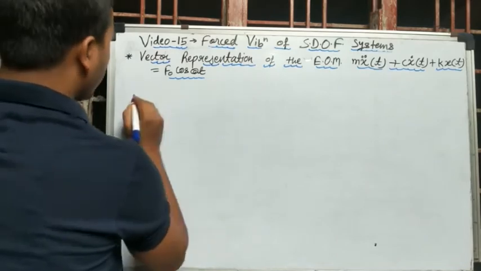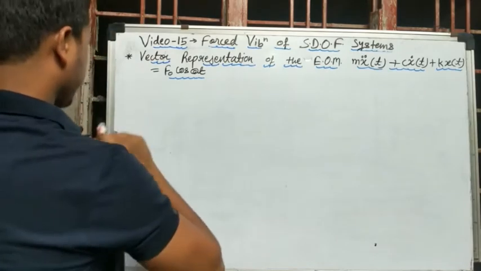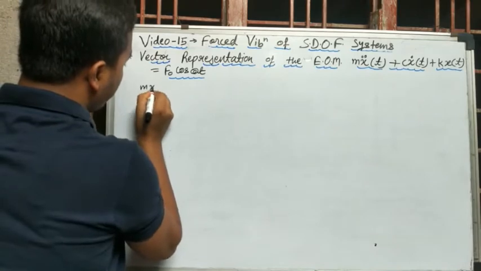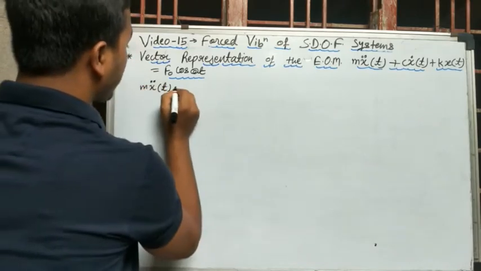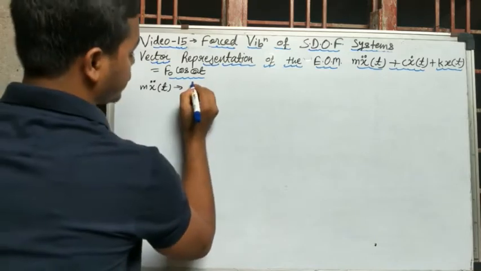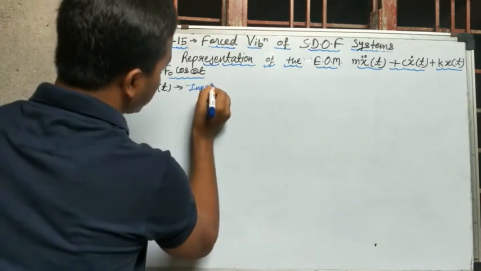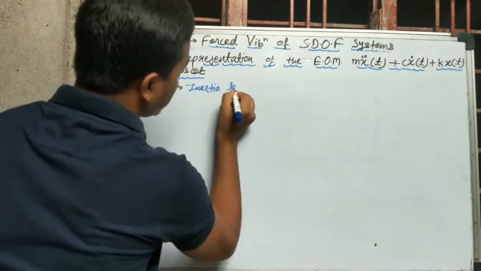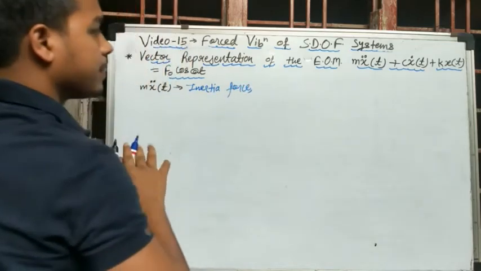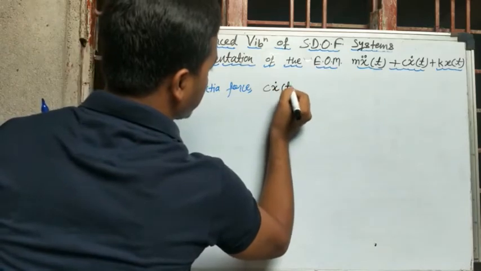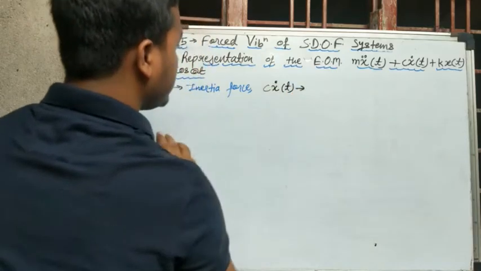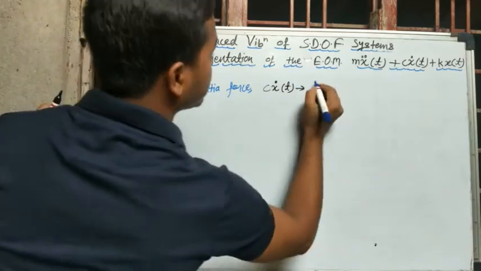So first of all we'll talk about m x double dot. This m x double dot is the inertia force. This c x dot is the damping force.